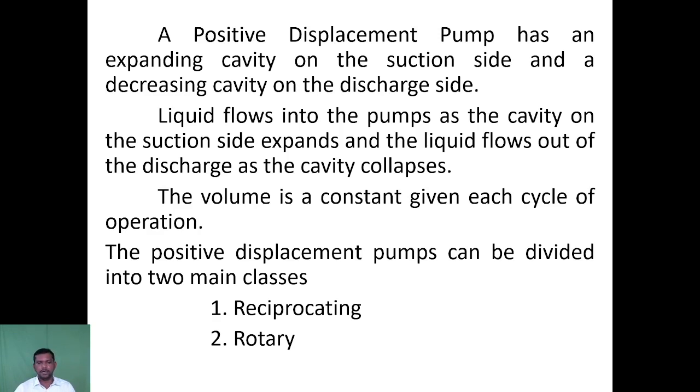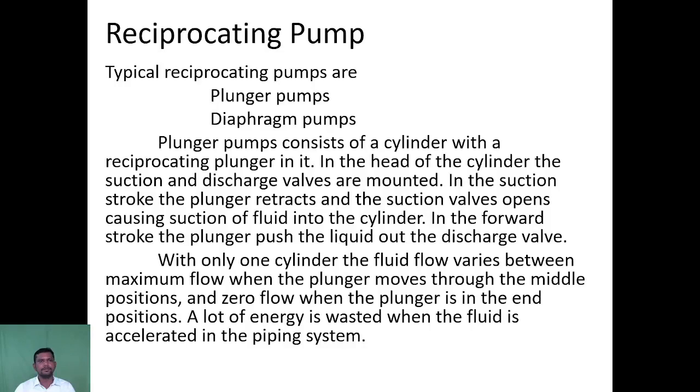So the positive displacement pump can be divided into two main classes, that is reciprocating pump and rotary pump. So what is meant by a reciprocating pump? Typically, reciprocating pumps are plunger pumps and diaphragm pumps. Those were already discussed in the introduction part. Anyway, a plunger pump consists of a cylinder with a reciprocating plunger in it.